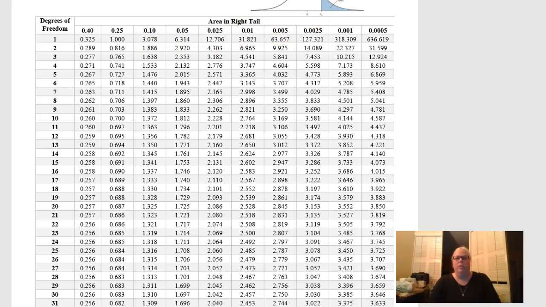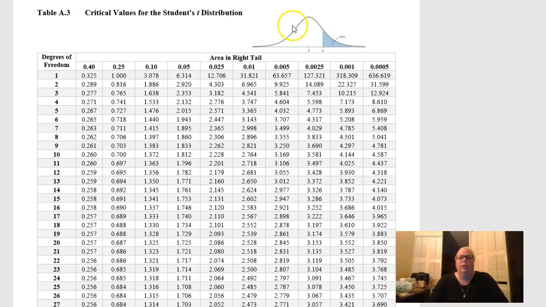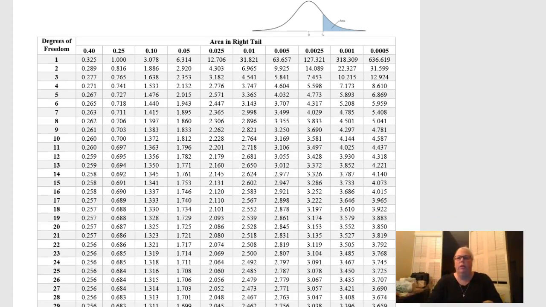And if you can see the picture up here, when we look at the normal curve, we're actually finding the area under the curve that's to the right of our t-score, rather than to the left of our z-score like we did in table A2.